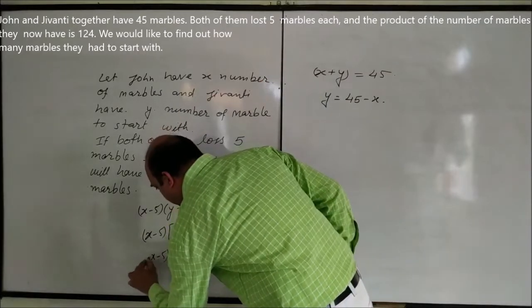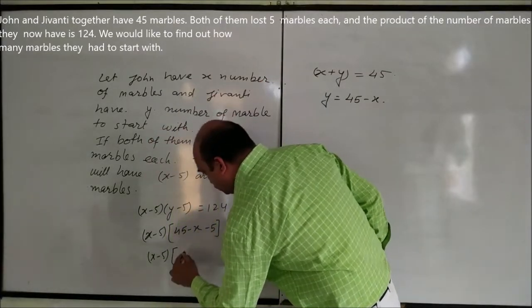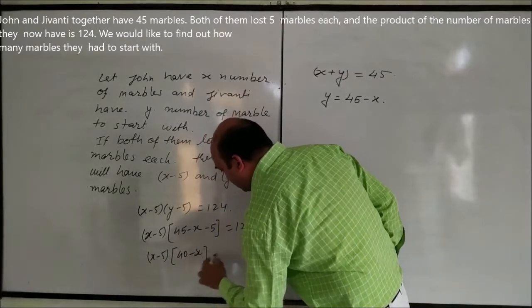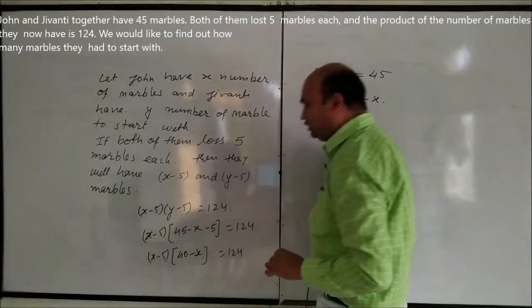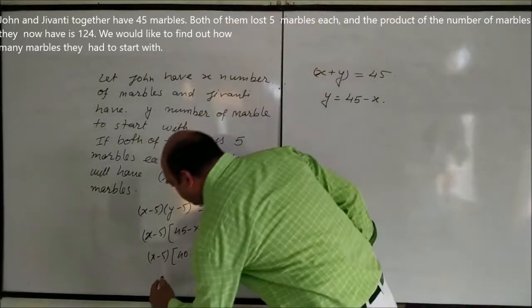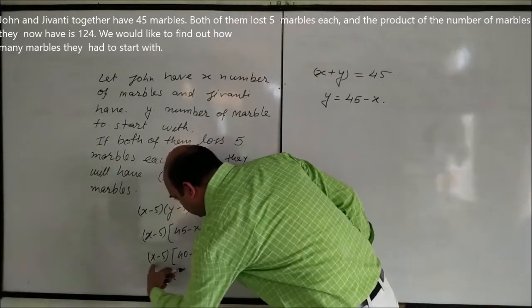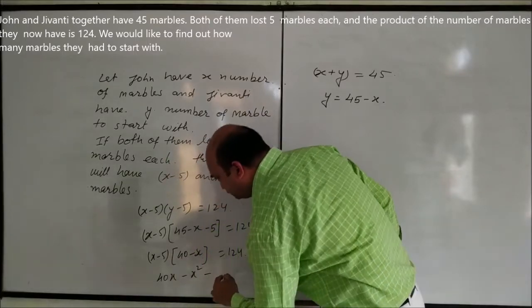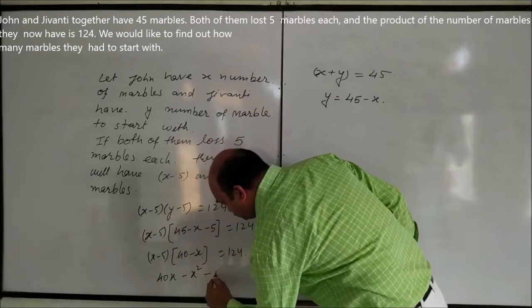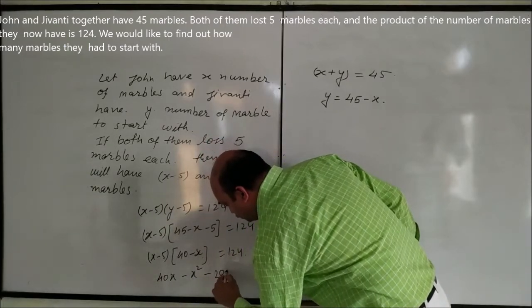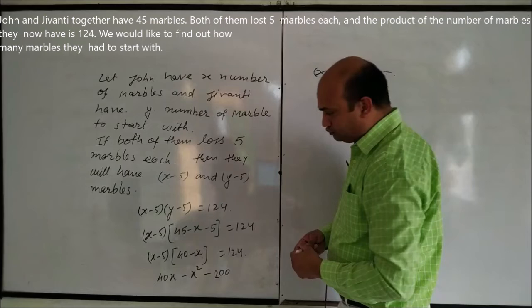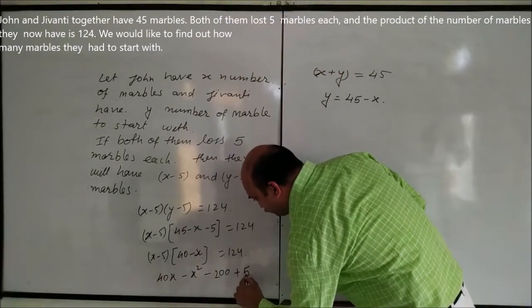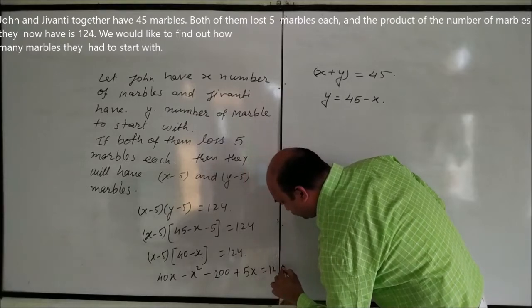This will be x minus 5 into 40 minus x is equal to 124, or it will be 40x minus x square minus 200 plus 5x is equal to 124.